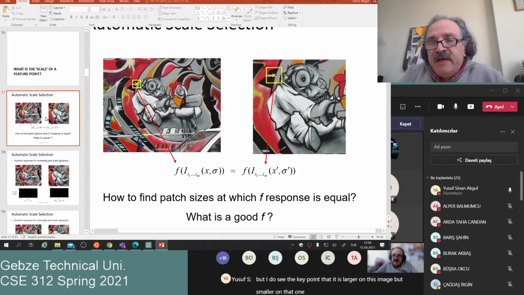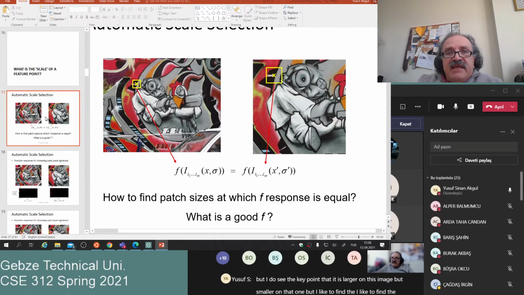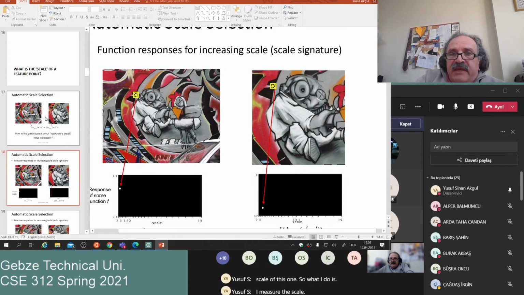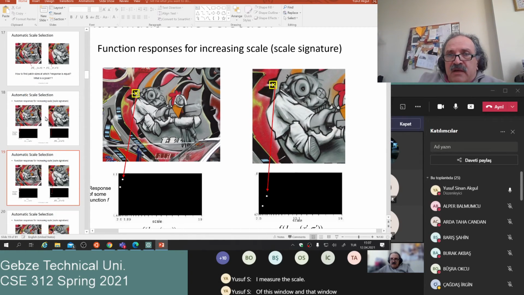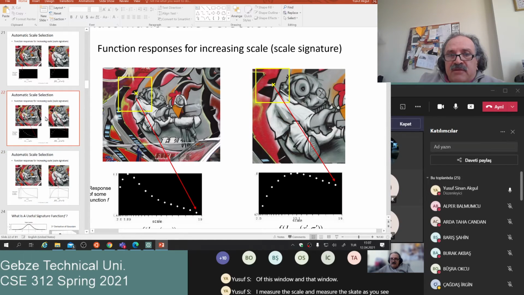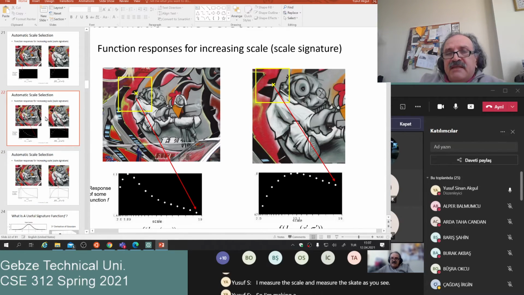But I like to find the scale of this one. So what I do is I measure the scale of this window and that window. I measure the scale and measure the scale. As you see, I'm making a search in the scale space.